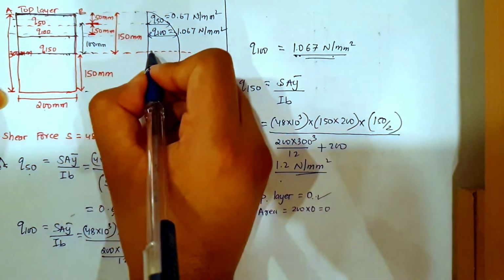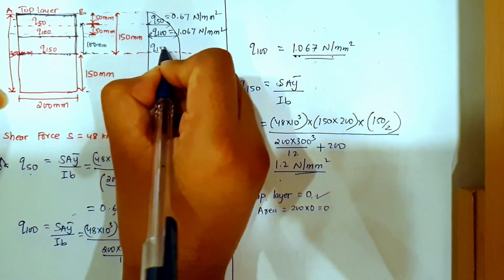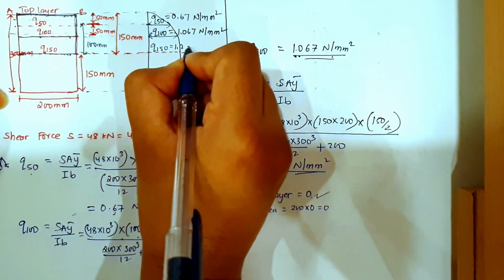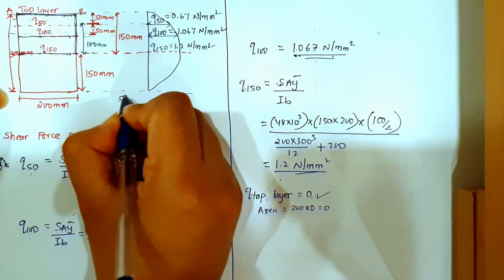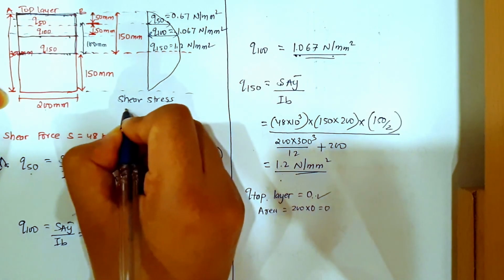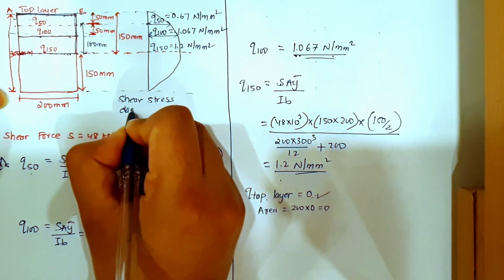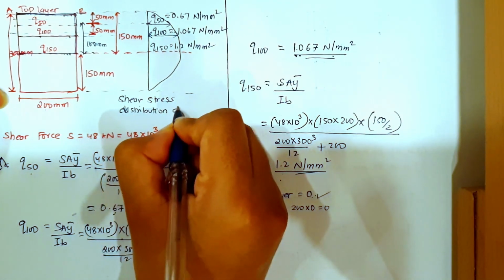And at this point, which is at the neutral axis, which is Q150, the maximum comes, how much here? 1.2 Newton per mm square. And this is your shear stress variation, or rather distribution diagram.